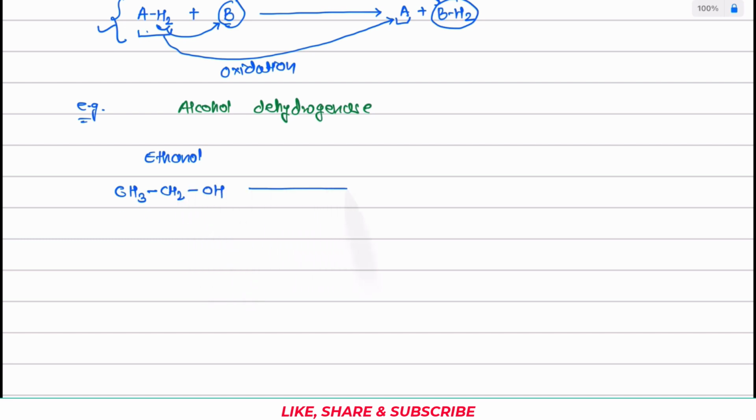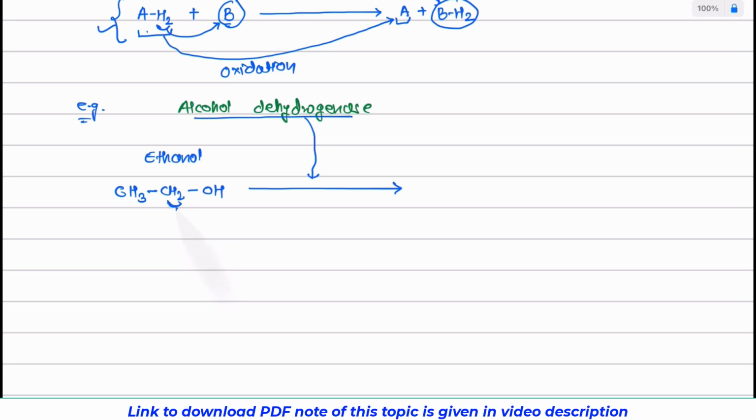Now, what happens in this reaction, which is catalyzed by alcohol dehydrogenase? These two hydrogen atoms are removed. Of course, we need a second molecule which can take up this H2. For that, we have NAD plus, which takes up these two hydrogen atoms and gets converted to NADH plus H plus.